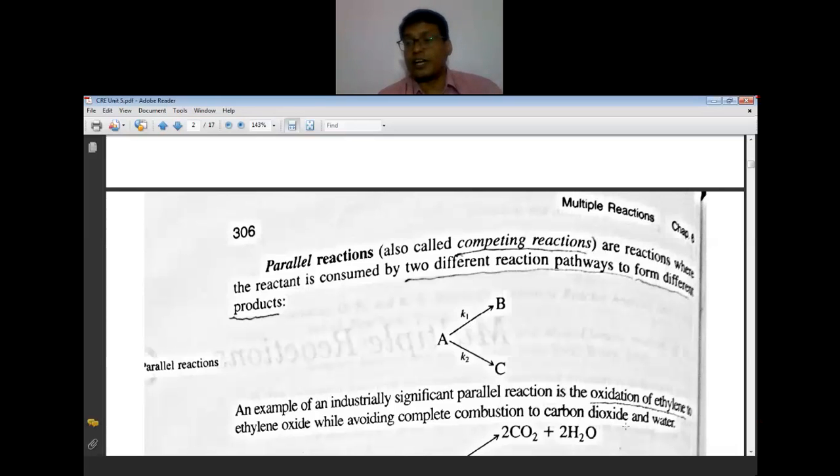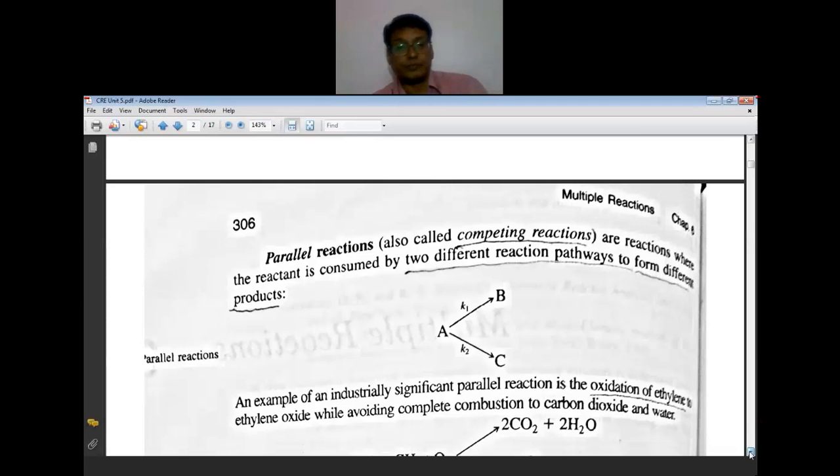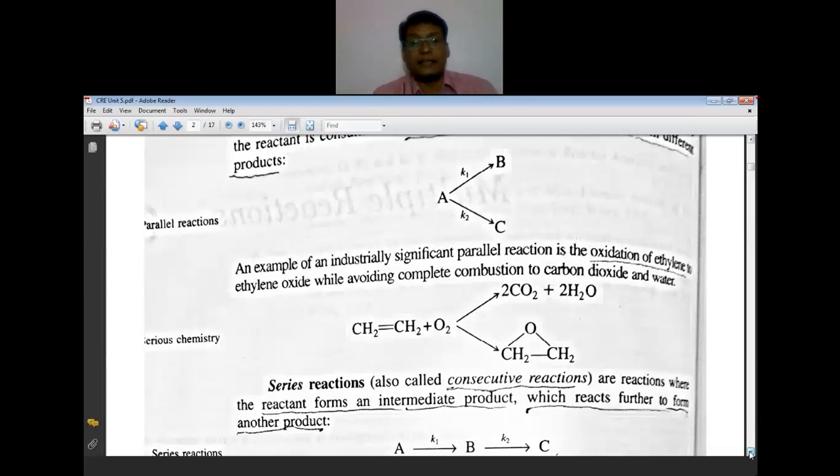So what are the different examples now? An example of an industrially significant parallel reaction is the oxidation of ethylene to ethylene oxide. So this is your ethylene plus oxygen giving you ethylene oxide, or it can also burn. That again depends on the temperature, the operating conditions and the stoichiometric ratios.